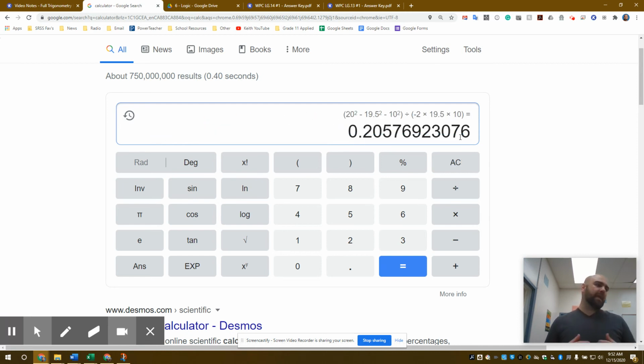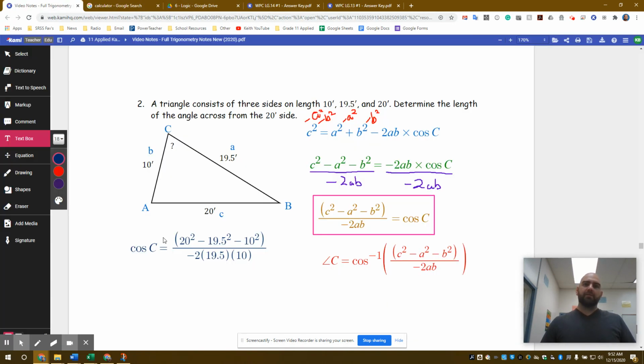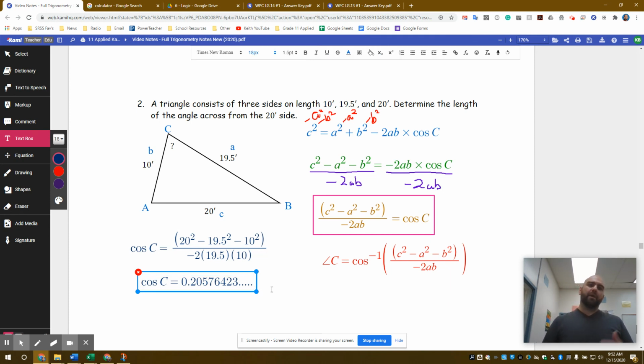When we hit enter, we're going to get some sort of decimal value. And so we're going to find out that cos of C is equal to 0.20576423, and then a whole bunch more decimal places. It keeps on going on and on. To find out what C is, we have to take the inverse cos of both of these.